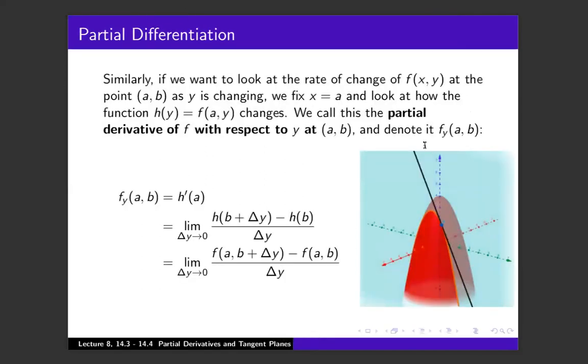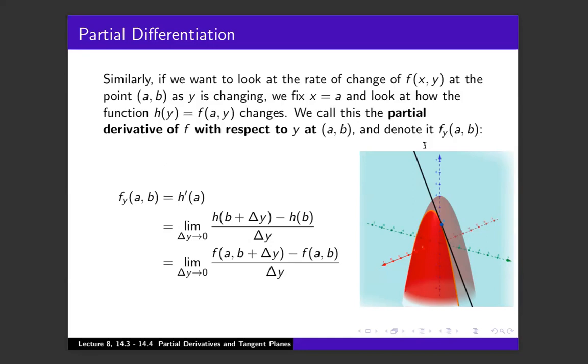And it's the same story with y. If we want to look at how f(x, y) is changing as y changes, but not x, then we do the opposite. We fix x equals a at our point, and then look at how f(a, y) changes with y. This is the partial derivative of f with respect to y at this point (a, b).